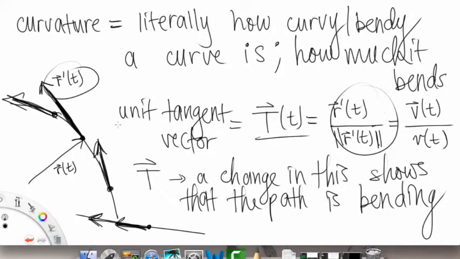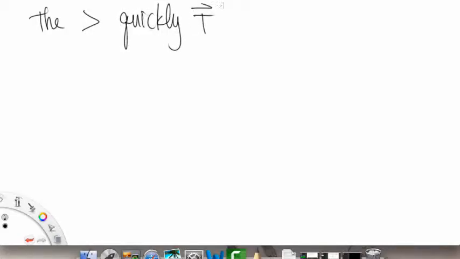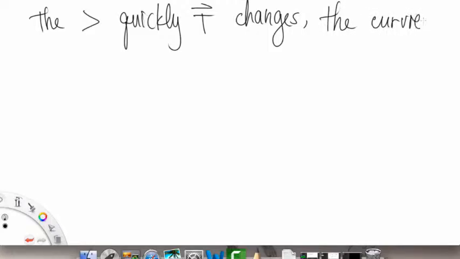But we do have a problem, because logically, we would say that the more quickly our unit tangent vector changes, we would think it's only logical that the curvier the path is, right? So if that's changing more quickly, then the path must be curvier.